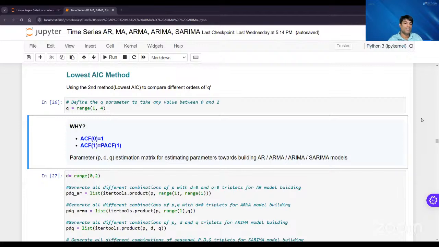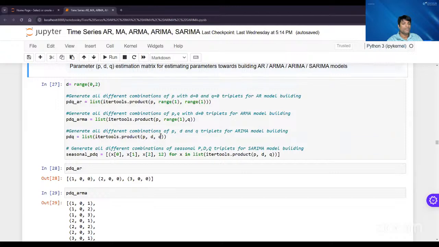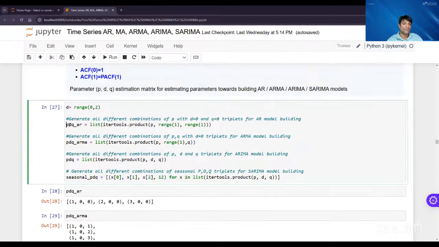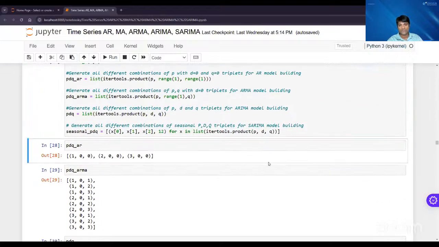By giving the ARMA model. So in the ARMA model, it is more focused on both the AR and MA. Okay, so here we're trying to build using the AR model, and then we are using the ARMA model, and we are trying to predict the values.